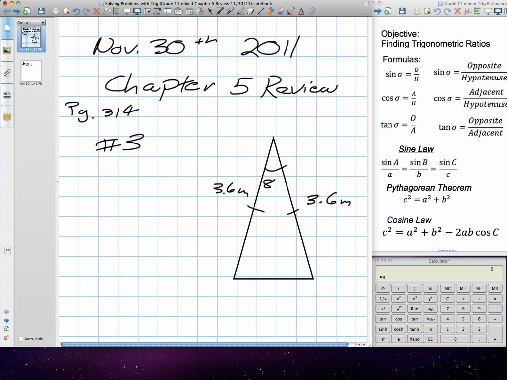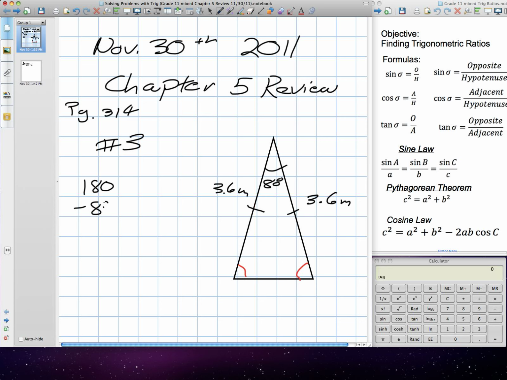Now I know, for most of you it's just setting up this question, but I'm going to ask you something. Can I find the degrees of the other two angles? How would I find them? Yes, both of those angles will be equal. Exactly. So we know a triangle adds up to 180. We have a contained angle of 80, so I can subtract 80 and I get 100.